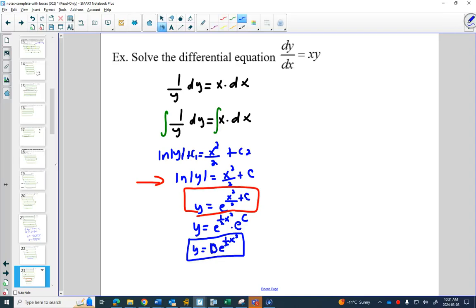Technically, I should make this a d, because I made e to the c equal a new constant. Or I could have made this c3 and this c4. I think the red box is, just leave it as a red box, it's fine. Okay?